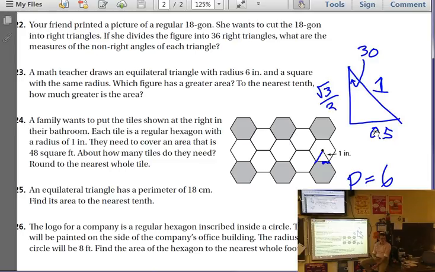Wait, if half of it is a half, then if it's supposed to be 2, then half would be 1, so if you double, wouldn't that just be 2? In a hexagon. Yeah. Oh.